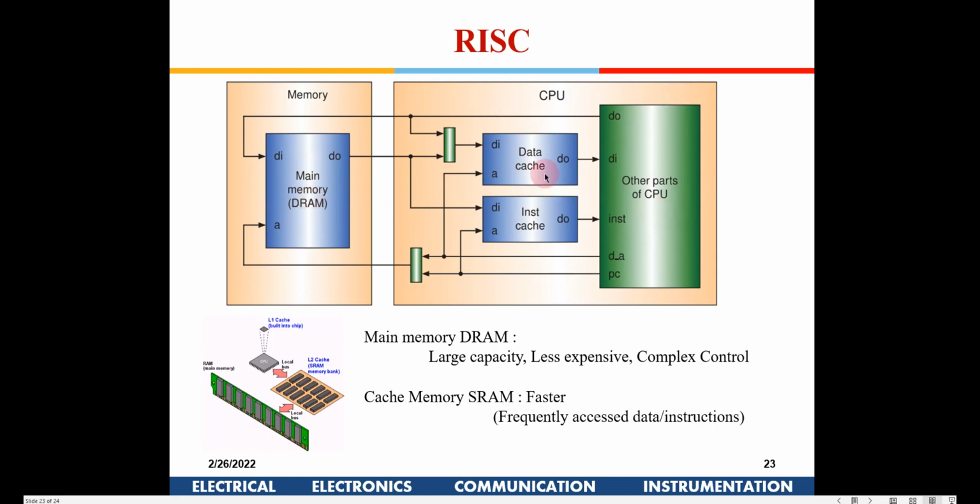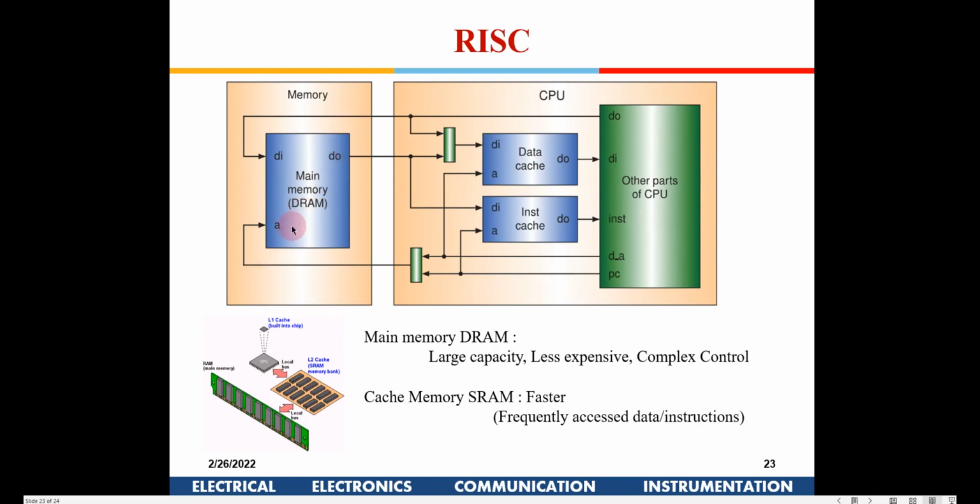So within the CPU you can have a cache memory. These are DRAMs, and these will be SRAMs, because SRAMs are much faster than DRAMs. But why do we use DRAMs outside? Because DRAMs require much smaller space and power, so you can have larger DRAMs.